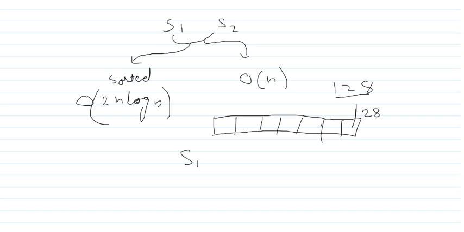So first time we iterate on string 1, and second time while we are iterating string 2, we subtract the character count in the same array.